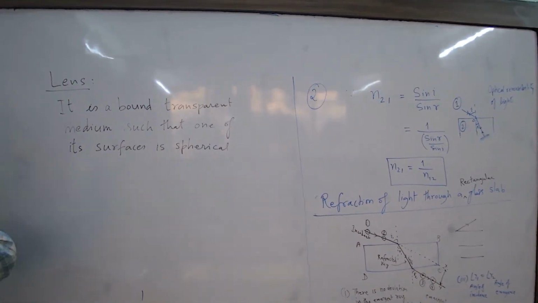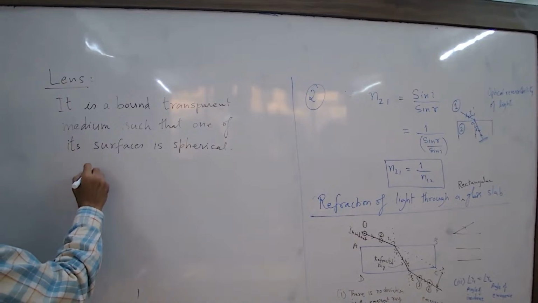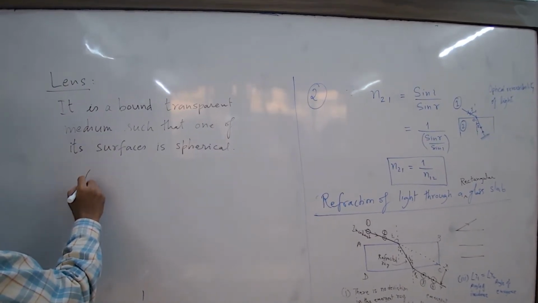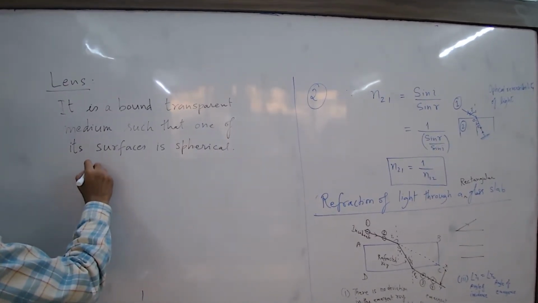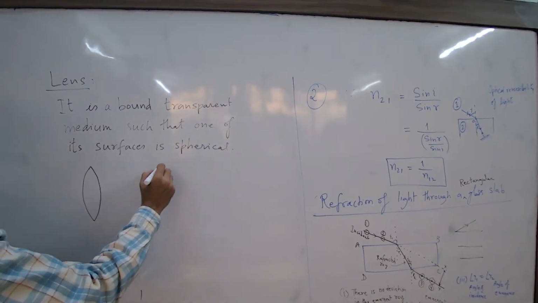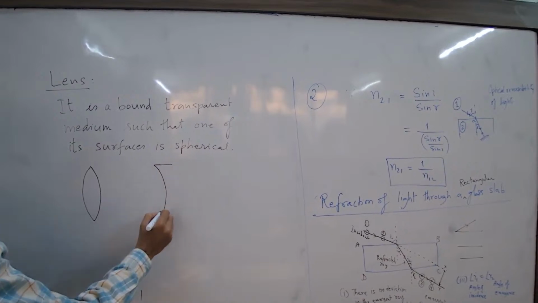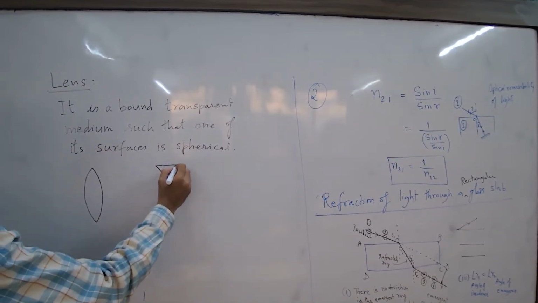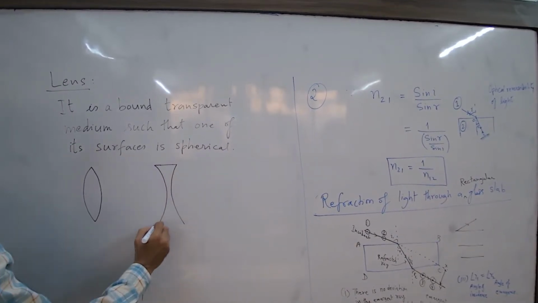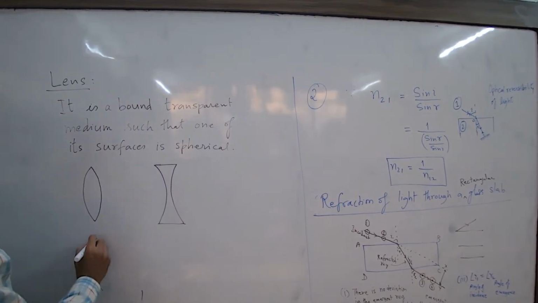Okay, it's a bound medium. So therefore, we have two lenses possible. These are the two lenses possible. You can have these kinds of lens also.